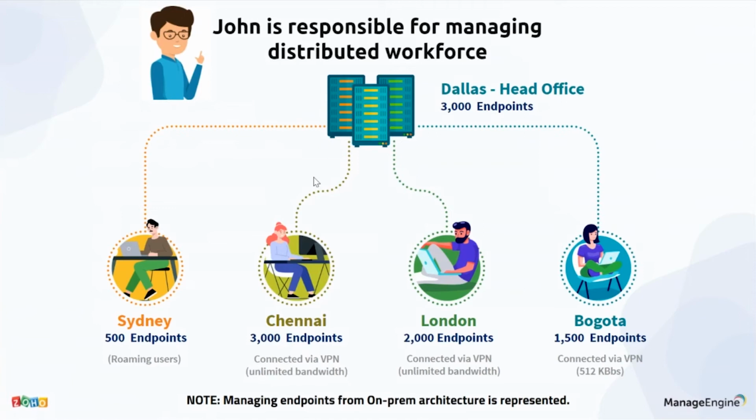I have around 3,000 machines in my head office, and these machines directly contact Desktop Central and download the patches. We do have remote locations in Bogota, London, Chennai, and Sydney with different VPN connections. In these locations, we will deploy a distribution server to throttle the bandwidth. We will see this in greater detail once we get into the session.